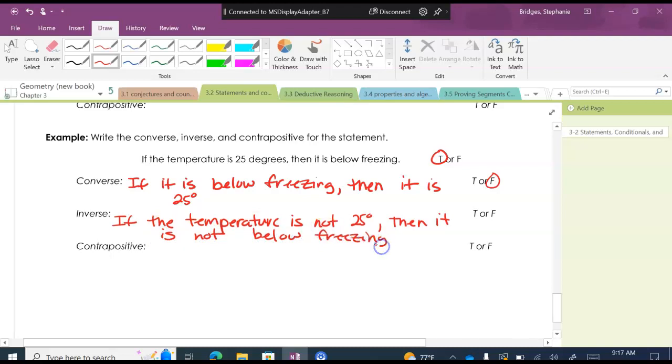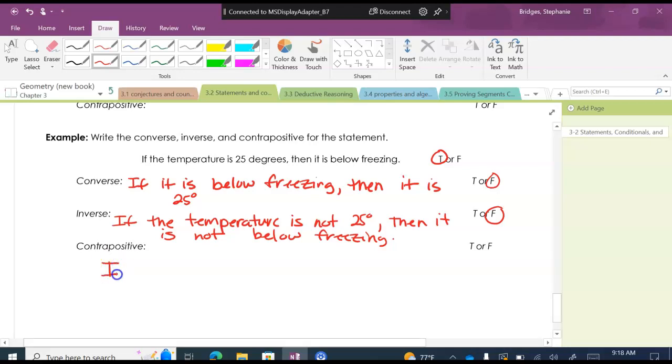True or false? False. If you're not sure, you already said the converse was false, and those two have to match, right? So even if that one's kind of hard for me to tell, I can go back to what I said about the converse and say, okay, well, those have to have the same truth values, so that's going to match. And then our contrapositive is taking the original statement, switching it and negating it.